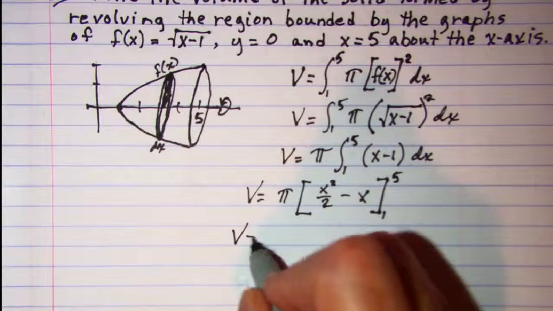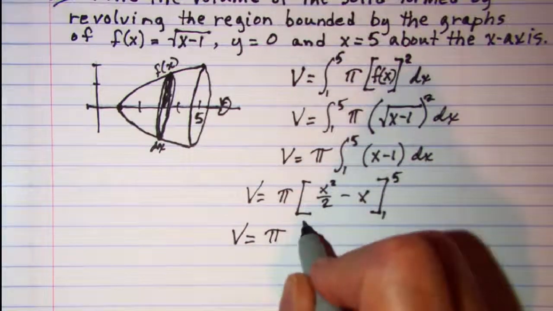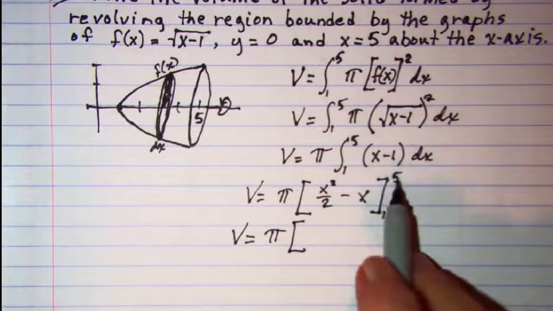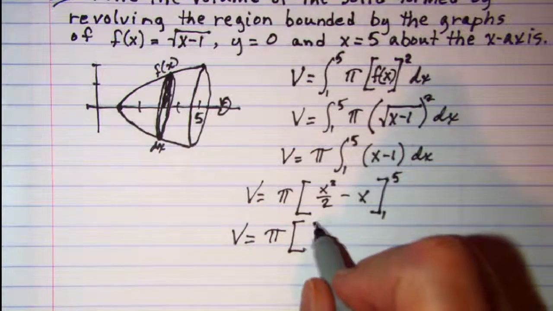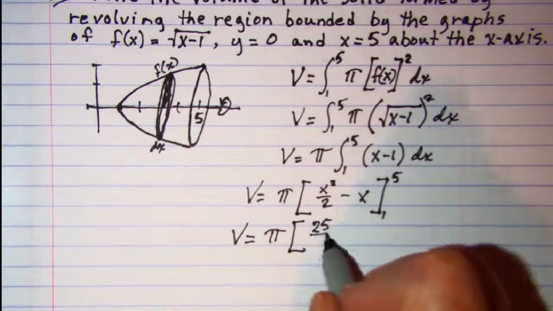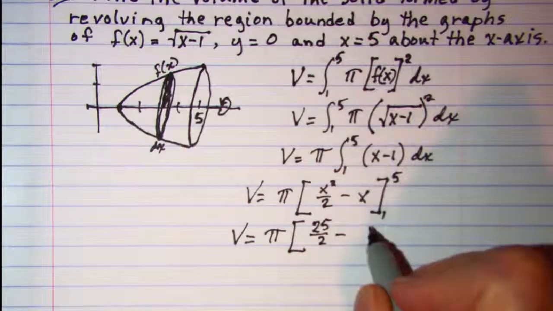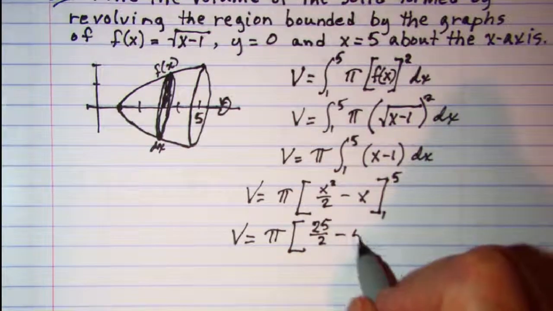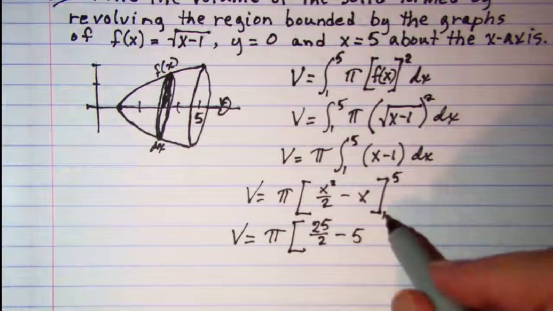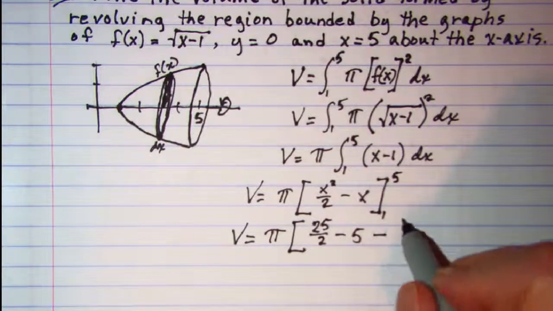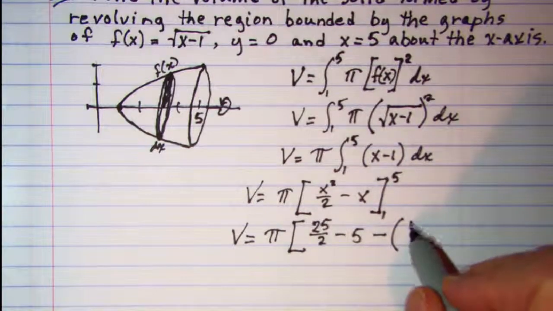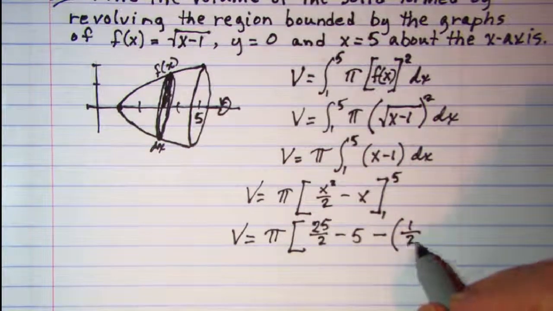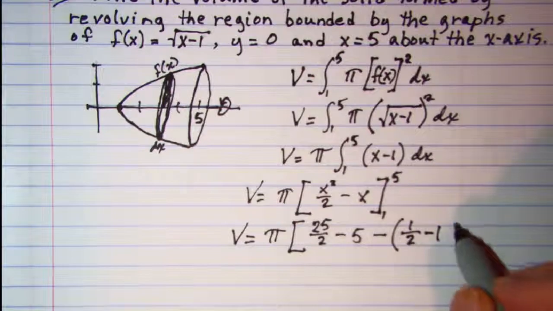And my volume equals pi. Now I'll put 5 in first, so 25 divided by 2 minus 5, and then I subtract from that what I get when I put in the 1. So 1 squared is 1 over 2 minus 1.